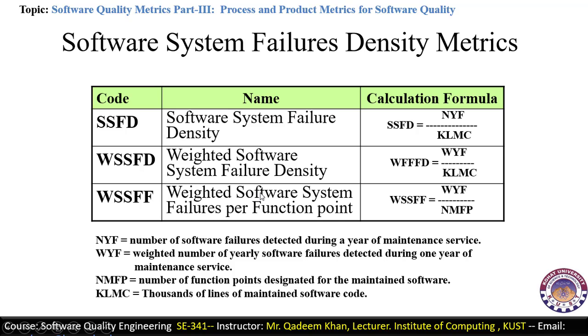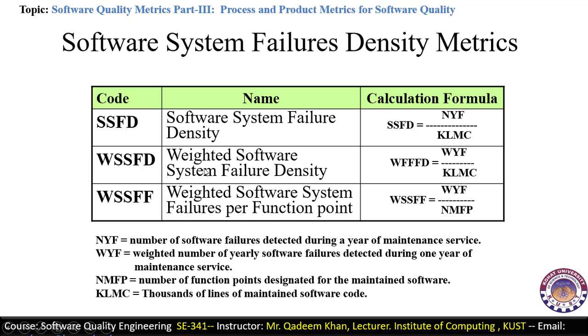Next one is called weighted software system failure per function point. Here the function point is a particular function or particular functionality which in fact failed, and then the system has been maintained.